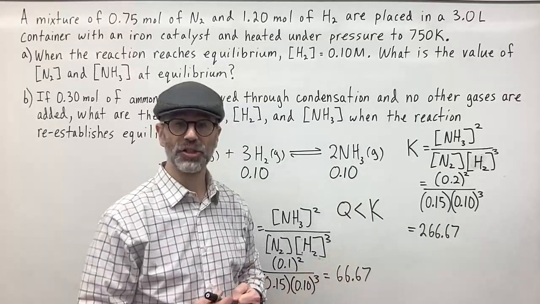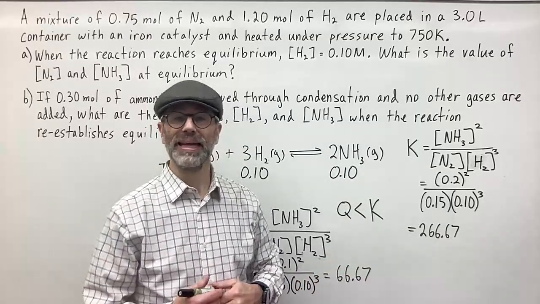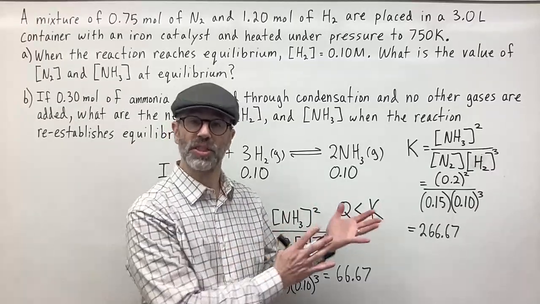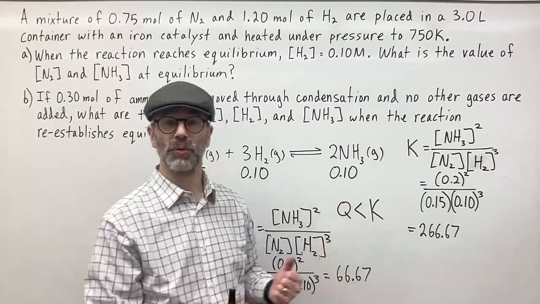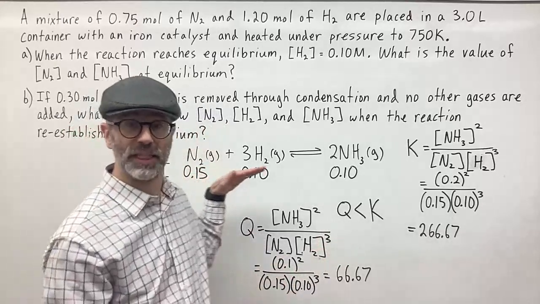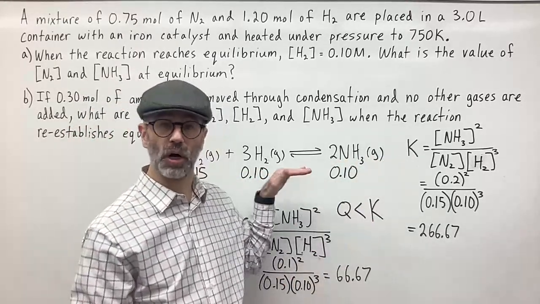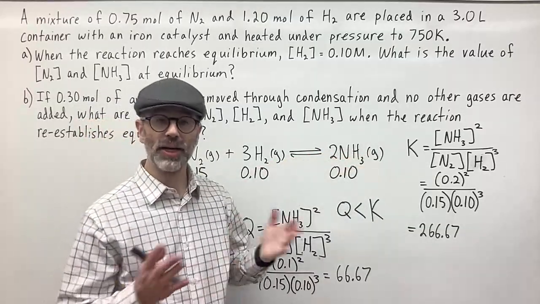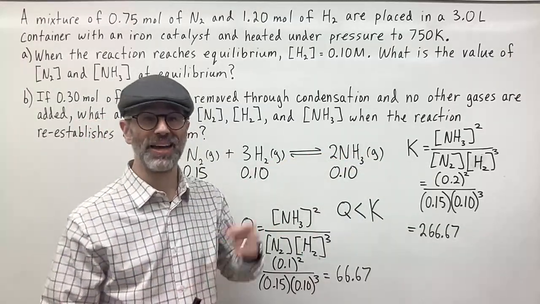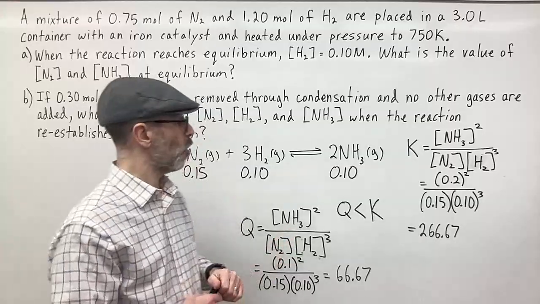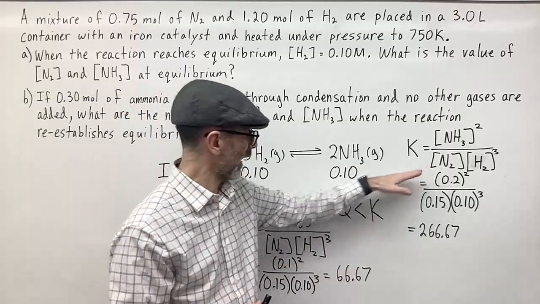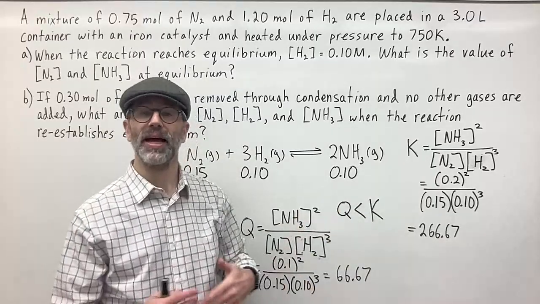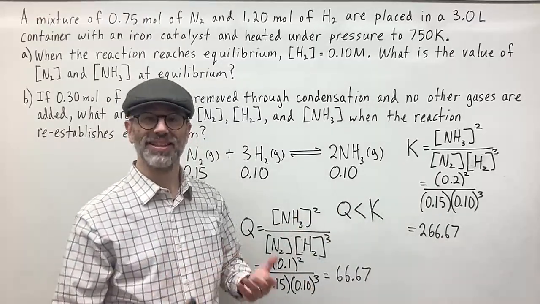So the reaction is going to shift in the direction to make more ammonia, to put some of that ammonia back that we removed. So either way, you could have figured it out, using Le Chatelier's principle or comparing the value of Q to K and determining which way it's going.